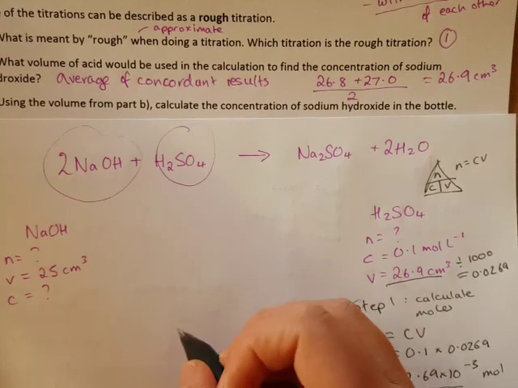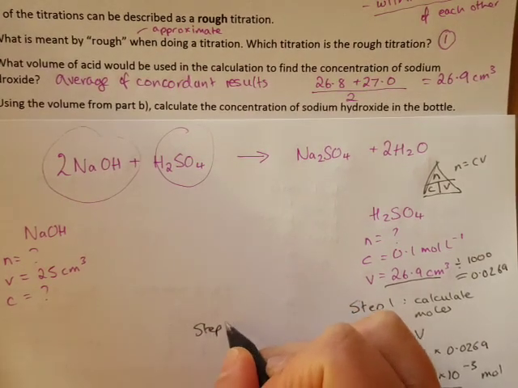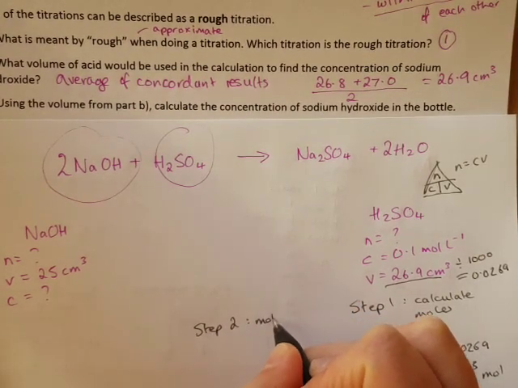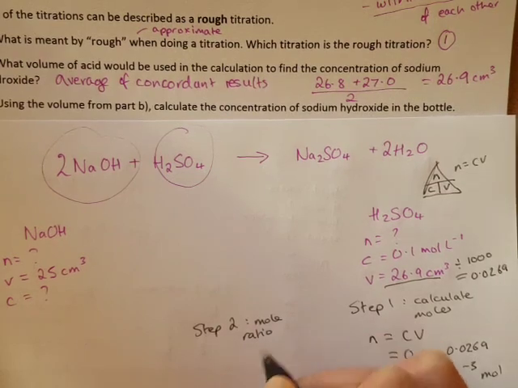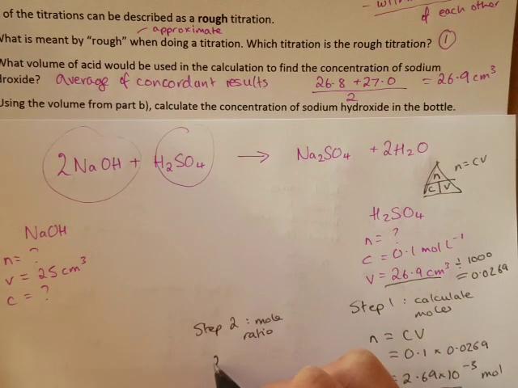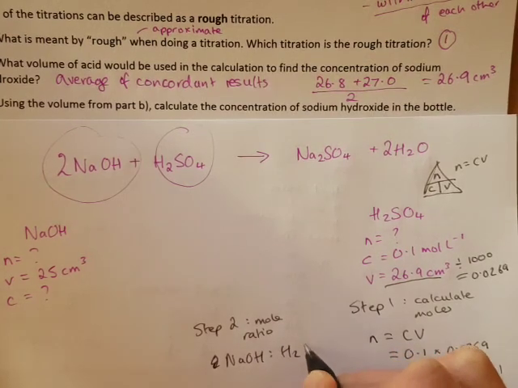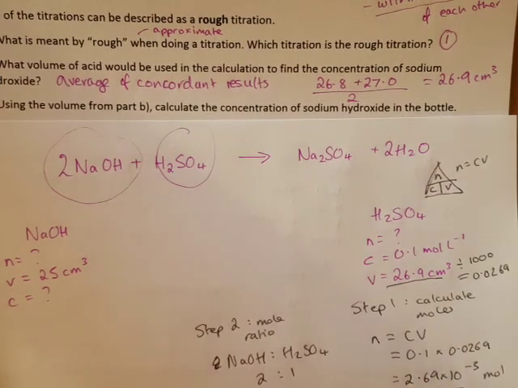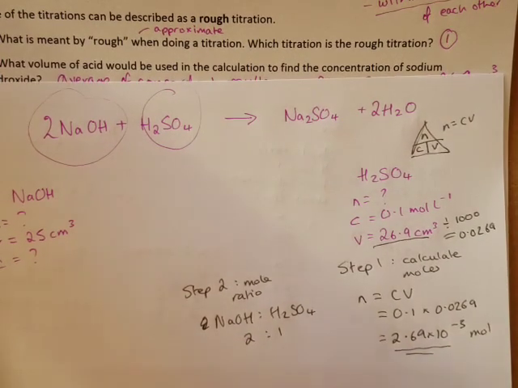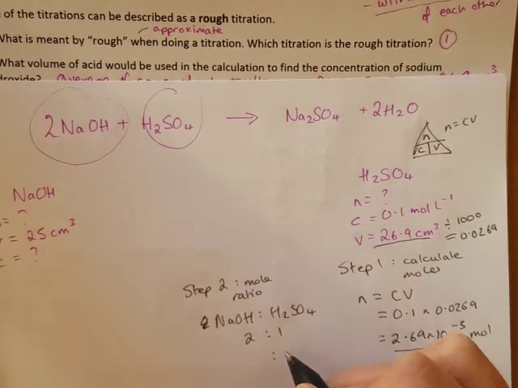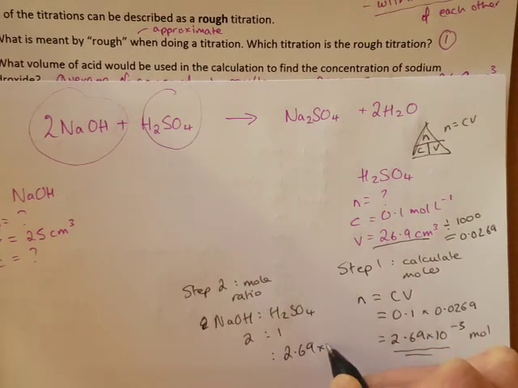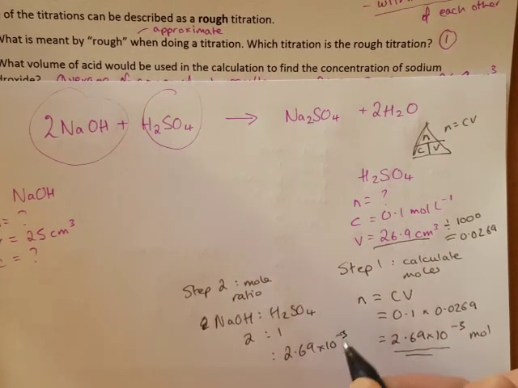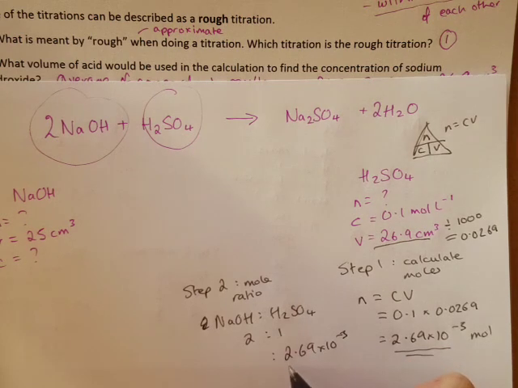Our step 2, remember from before, is using the mole ratio. The mole ratio for sodium hydroxide to sulfuric acid is a 2:1 ratio. So if I have 2.69 times 10 to the minus 3 moles of sulfuric acid, I just need to think, what do I need to do to get from here to here?